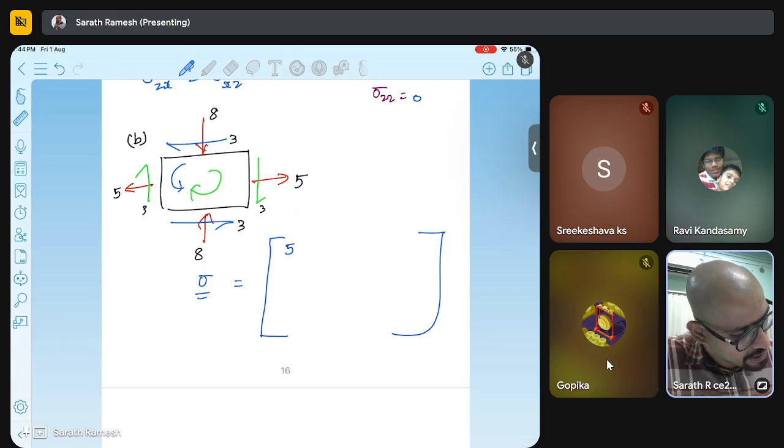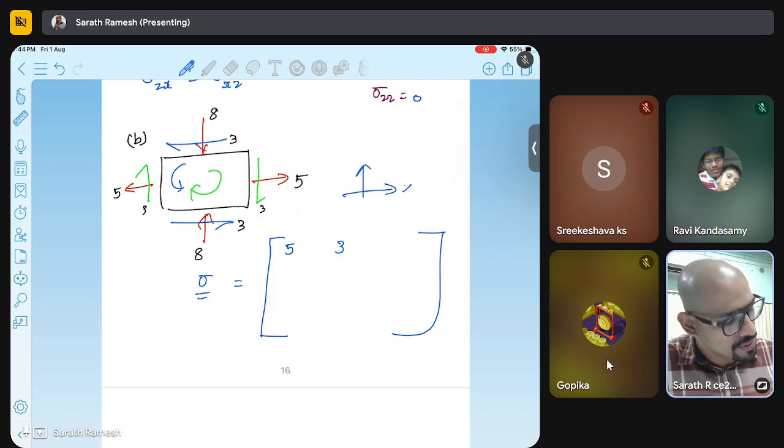Sigma xy means x plane in the y direction. 3. Is it right? No, because for xy, here it's pointing downwards, but my y direction is upward, right? So this is my ex, ey direction. So it is minus 3. And this is 0.